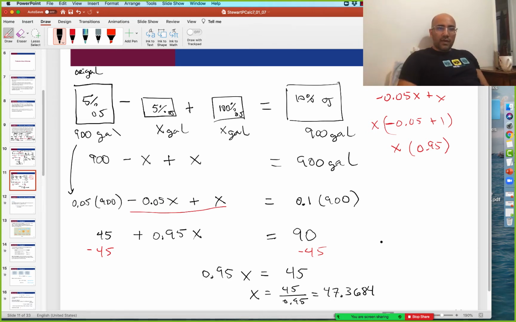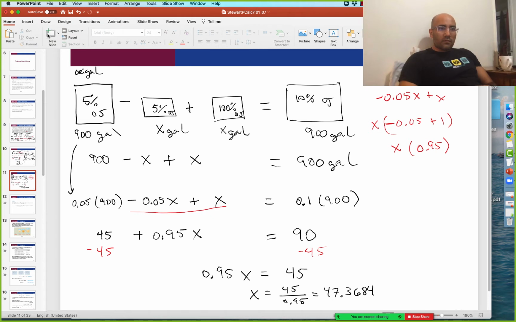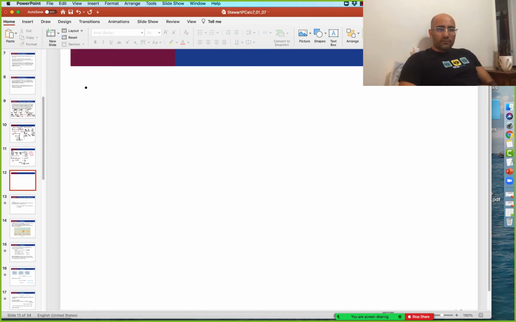Is it true that if we remove 47.3684 gallons from the 900 gallons and replace it with 47.3684 gallons of pure orange juice, that gives us a new mixture that's 900 gallons, and it is in fact 10% orange juice? So let's set that up and check it. Well, volume-wise, it makes sense, right?